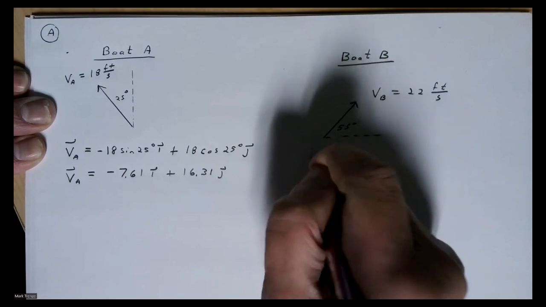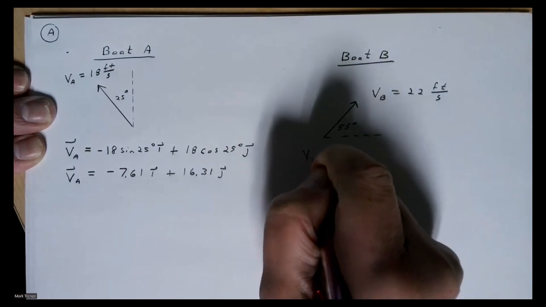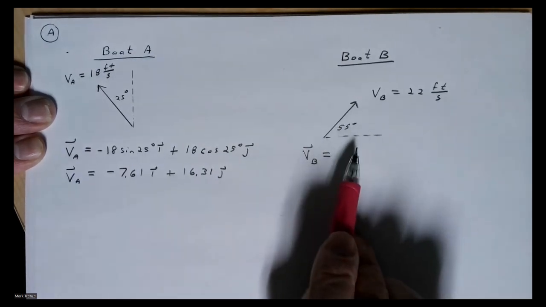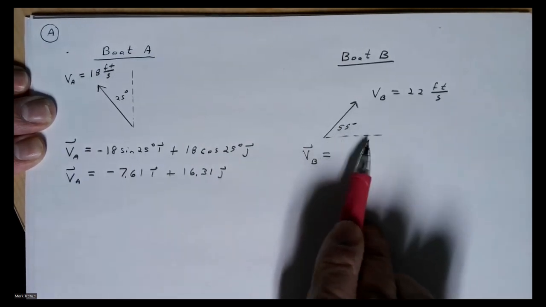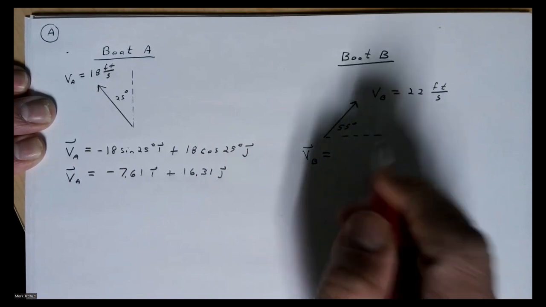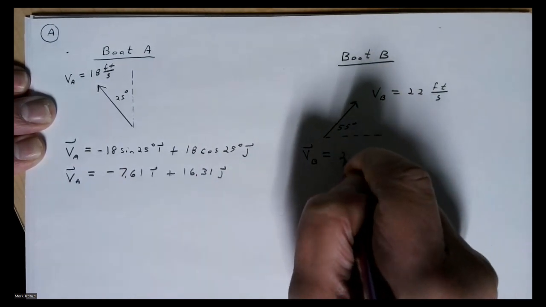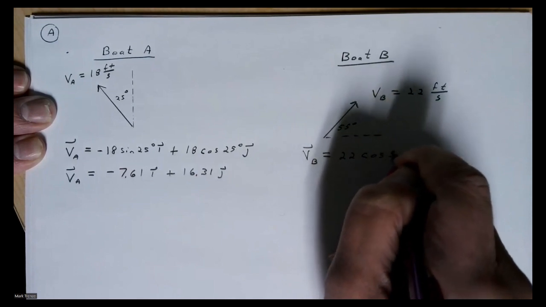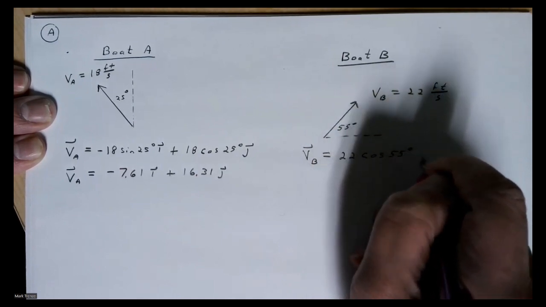Now look at the velocity of B. Again, this time the adjacent is with the horizontal, with the x-axis, so we'll start with that. We have 22 cos 55. Again, the adjacent is always cosine.